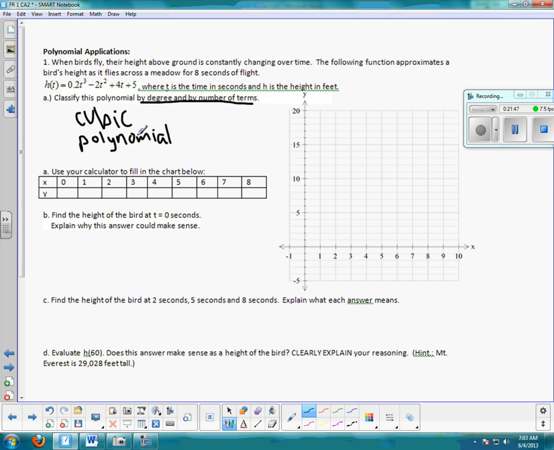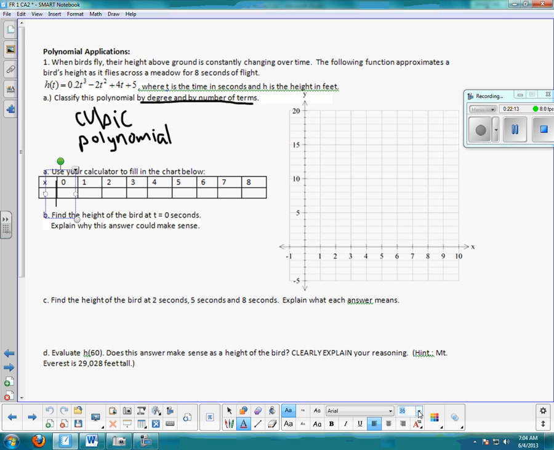Make sure that your table set is set to auto, and I want it to start at 0. So at 0, I get the answer 5.